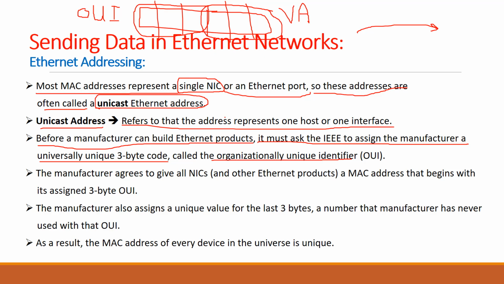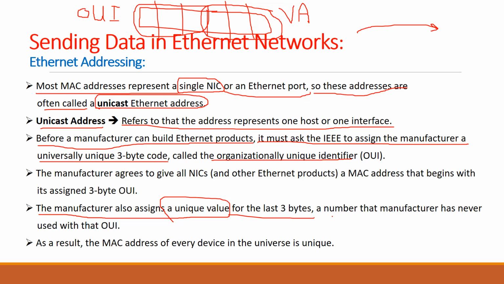As we mentioned here, the manufacturer also assigns a unique value for the last 3 bytes, which is called the vendor assigned bytes. And this is to make the MAC addresses unique, so no device in the world has the same MAC address as another one.